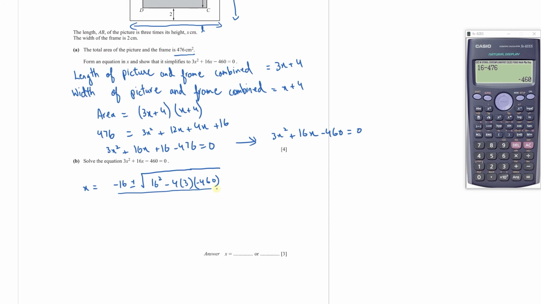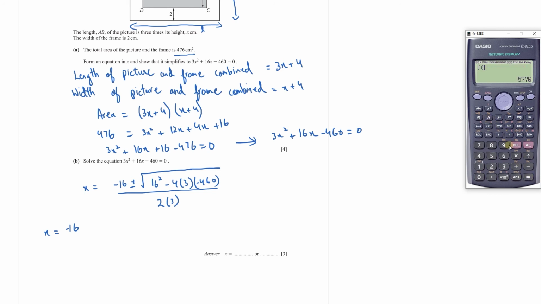And then divided by 2 times this a, which is 3. So this will give you x equals to minus 16. So let's calculate this. 16 square minus 4 into 3 into minus 460, minus 460.